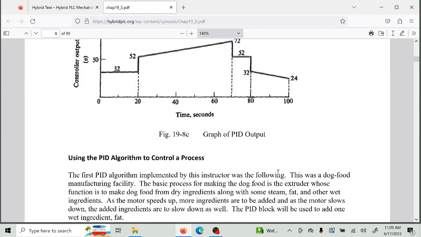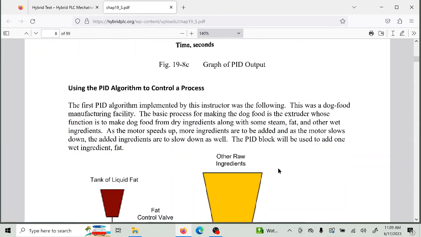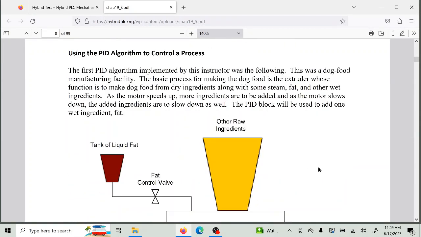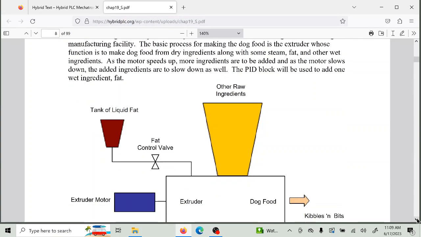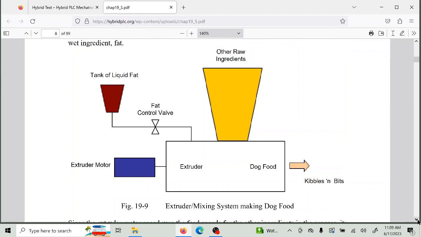You can finish this off. When I was first teaching, a fellow called me and asked me to work with him on a project to make dog food. He had already done most of it, but he wanted to add an ingredient, and that was the fat.